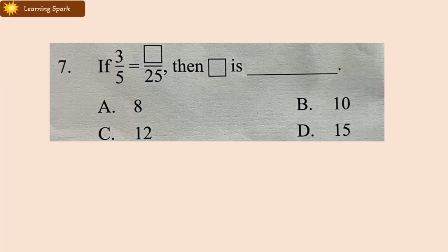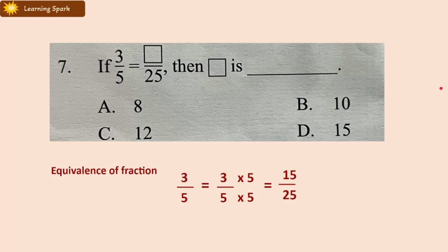If you don't, you can check out the video in the Learning Spark channel on equivalence of fractions and comparison of fractions. Equivalence of fractions says that if we multiply the denominator and numerator both by the same number, then the fraction remains the same.